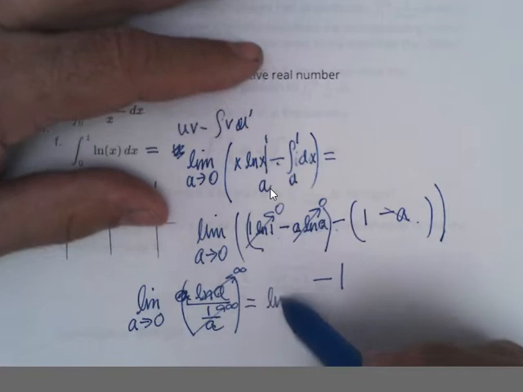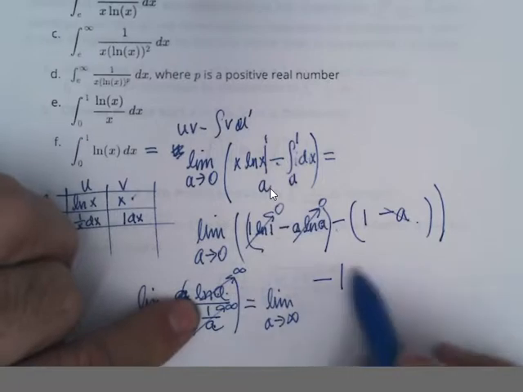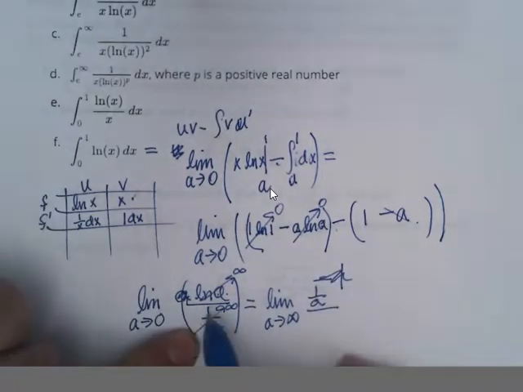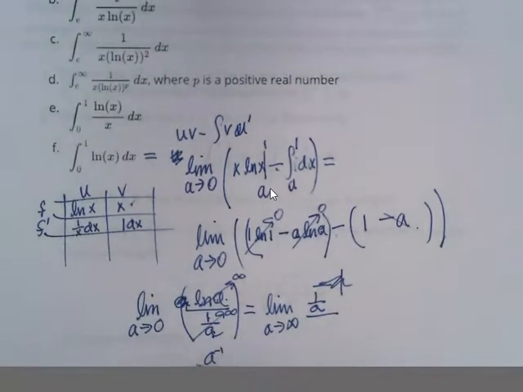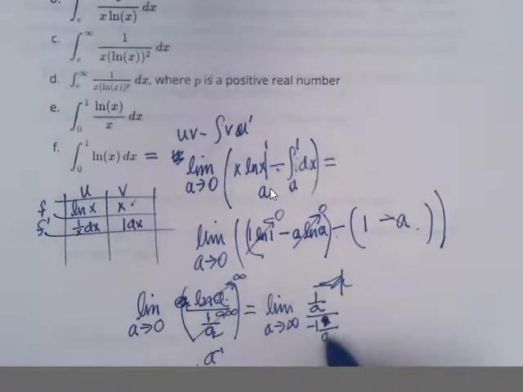That would be the limit as a approaches 0 of the derivative of ln a, which is 1 over a, over the derivative of 1 over a. That's a to the minus 1, its derivative would be minus 1 a to the minus 2, which puts it over a squared.